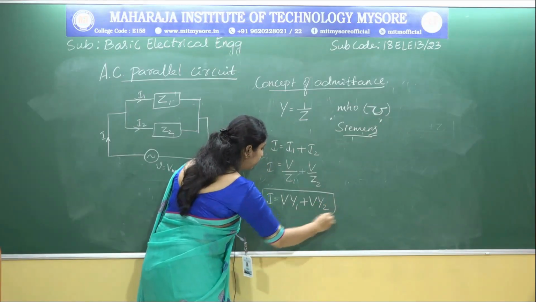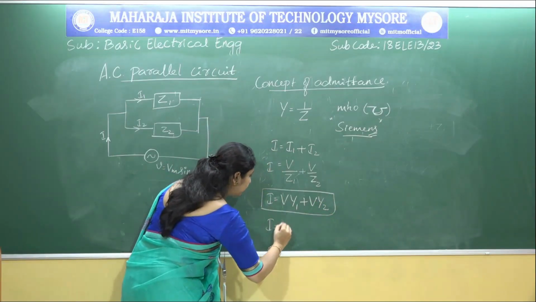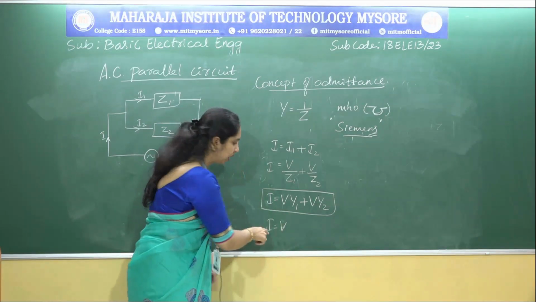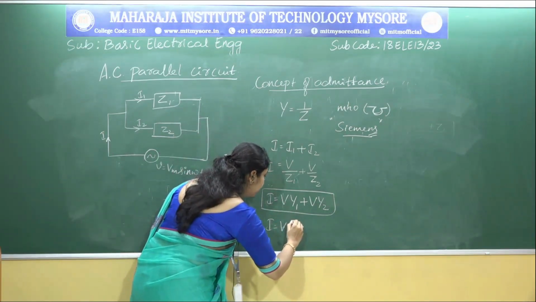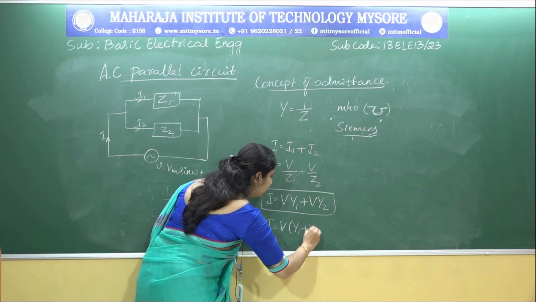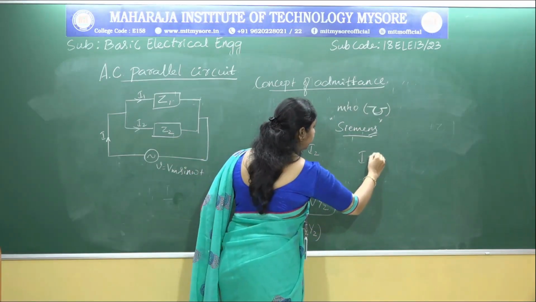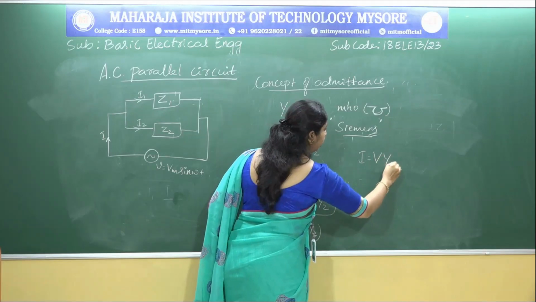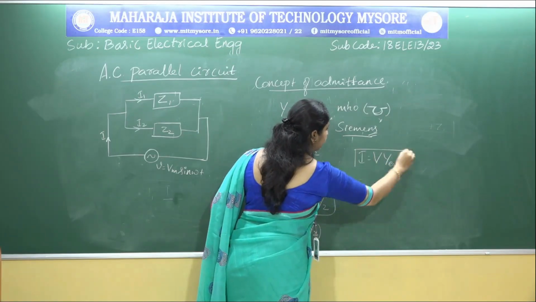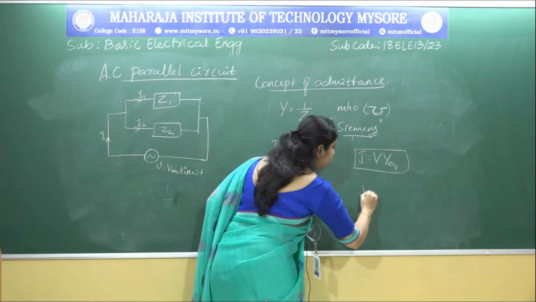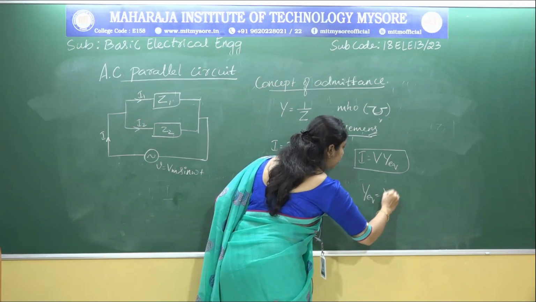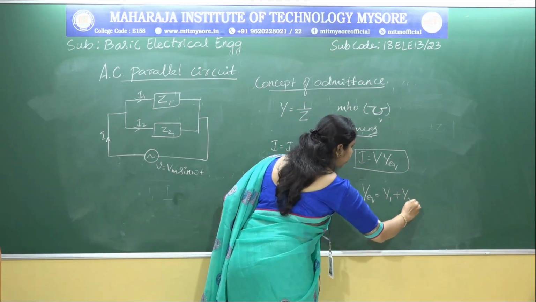Taking V common, this becomes V times Y1 plus Y2. So we have I is equal to V into Y equivalent, where Y equivalent is equal to Y1 plus Y2.